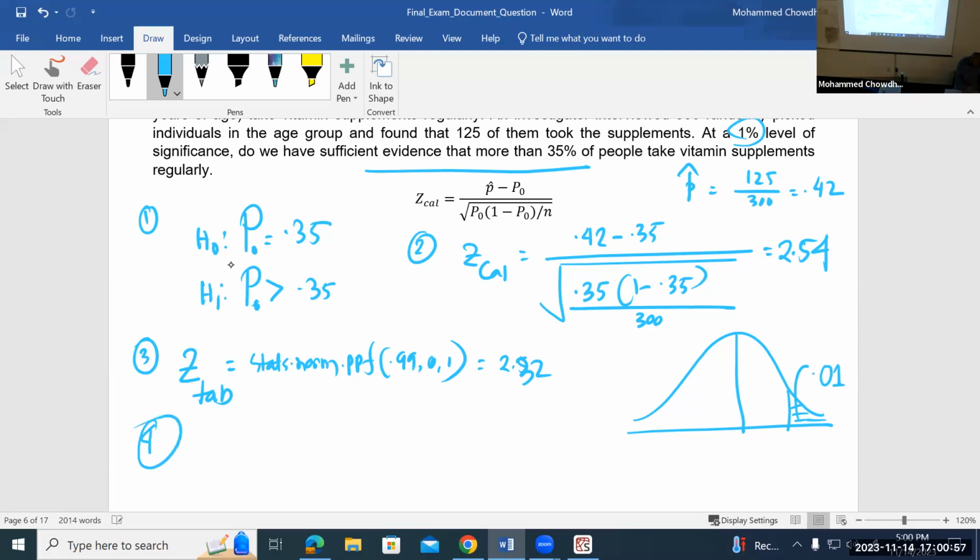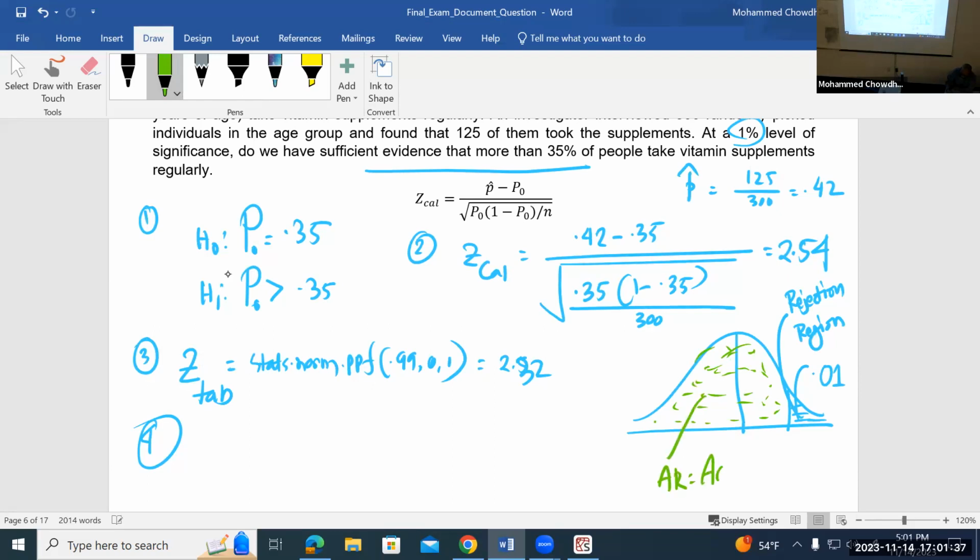What is your decision? Tell me, I'm not going to write. What is the decision? Take a look. This is also called the level of significance. This is also called the rejection region. And this is called, let me put here green, AR.